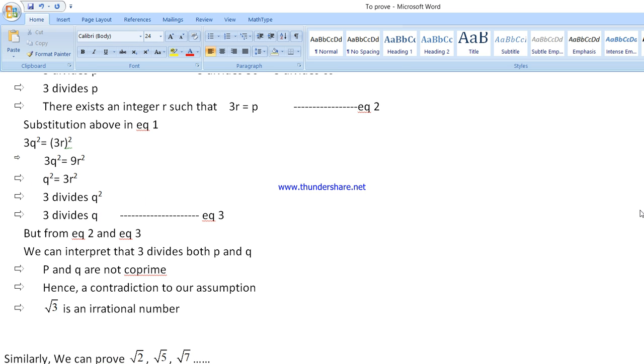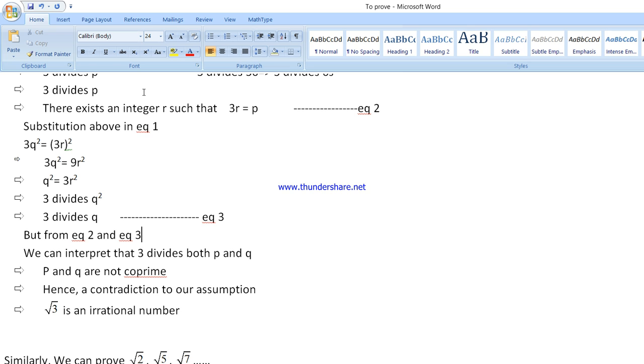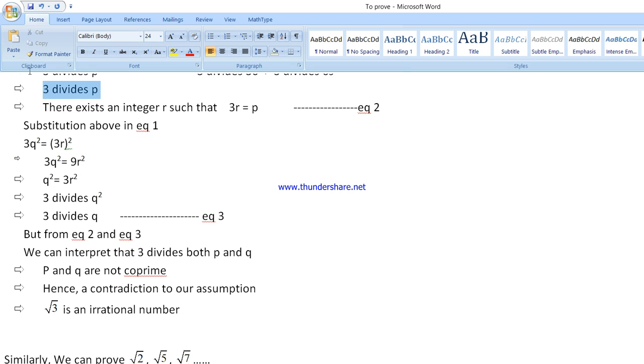Now 3 divides p also, and 3 divides q also. 3 divides p, you can see from here, and 3 divides q also. This means that 3 is a common factor of p and q. But we had assumed that p and q are co-prime numbers, and co-prime numbers do not have a common factor other than 1.